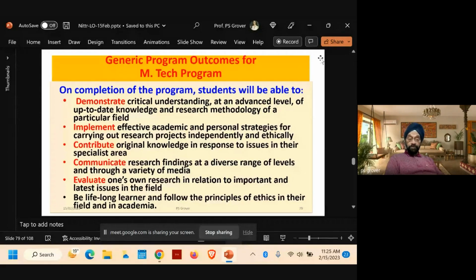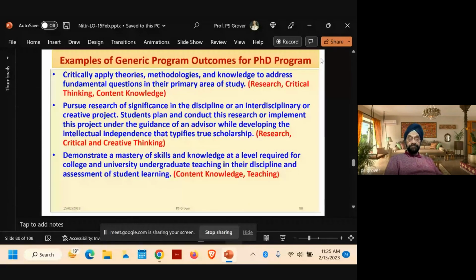If I'm not doing that, then I'm sending a signal that my MTech students have not imbibed the skills corresponding to the higher thinking skills. That's the significance of this.